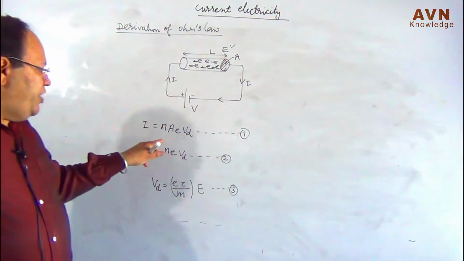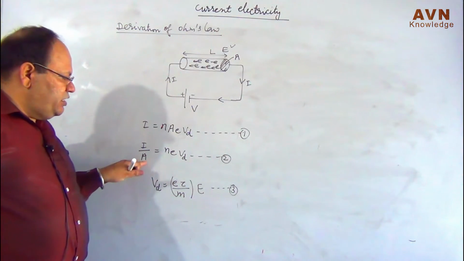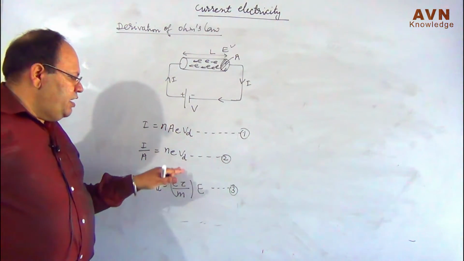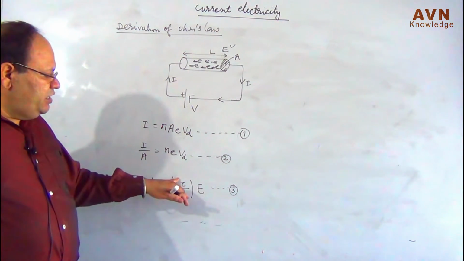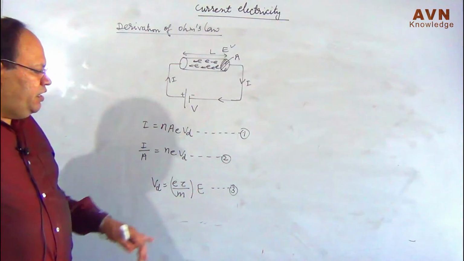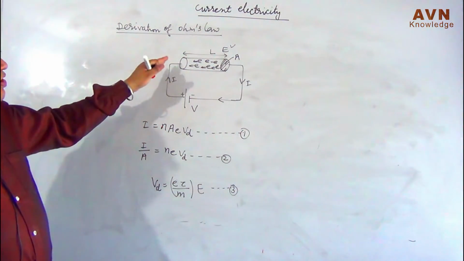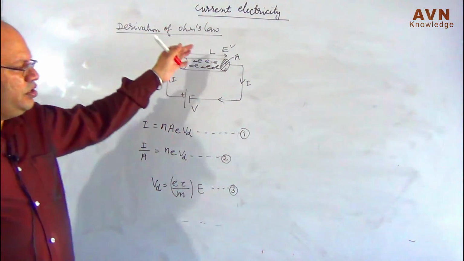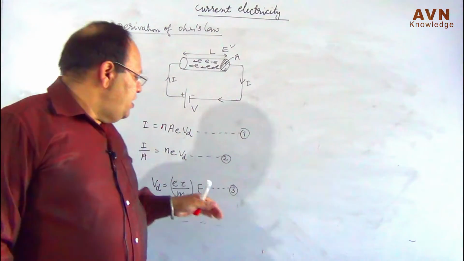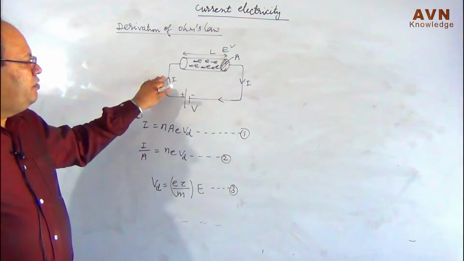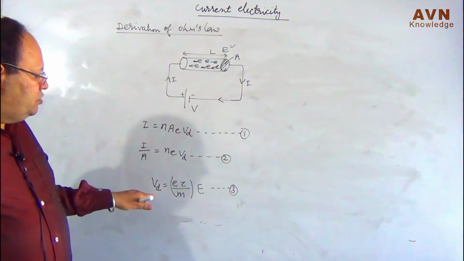So when you divide by the cross-section area, I upon A equals n e Vd. And what is Vd? Vd is e tau upon m into E, where E is the electric field applied on the conductor when we flow the current.